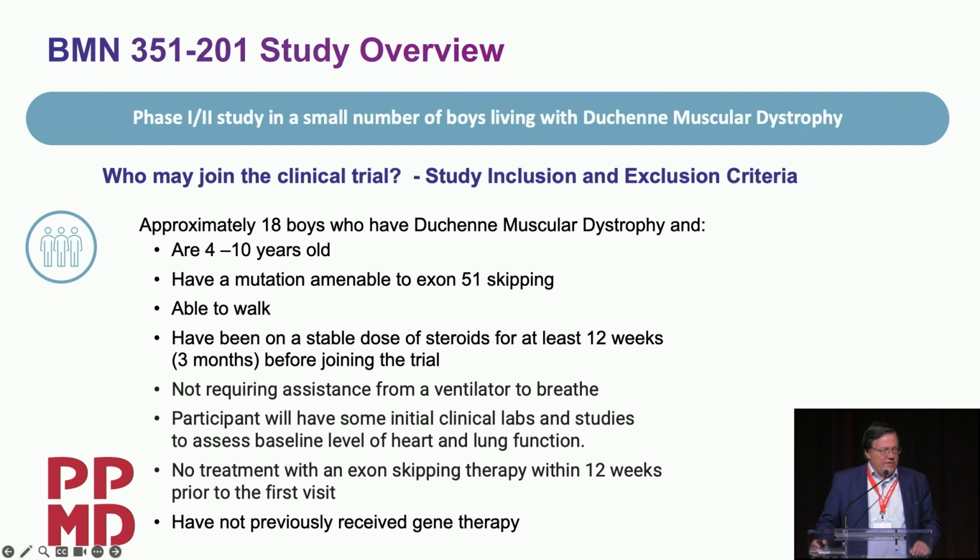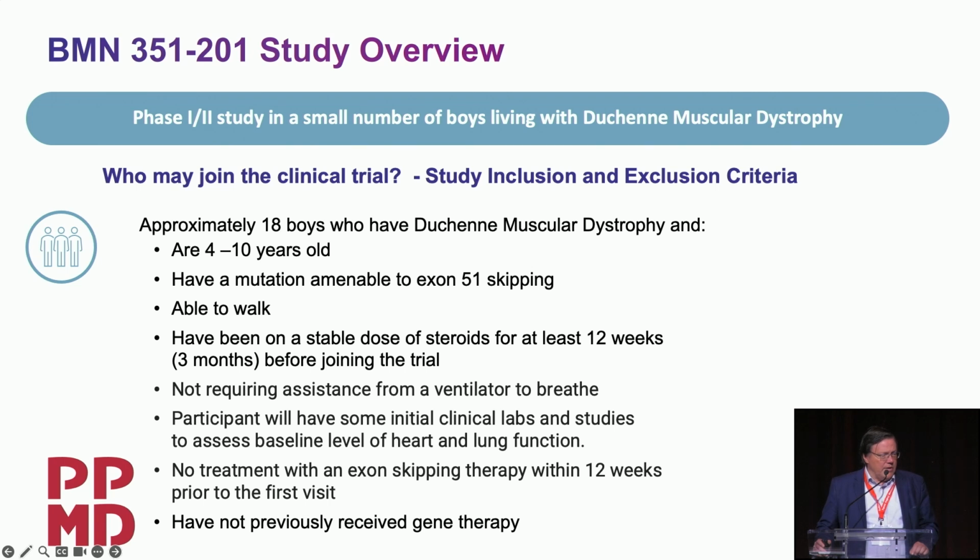So study 201 is underway. It'll be enrolling 18 boys who are 4 to 10 years old that have a mutation amenable to exon 51 skipping. Again, as with most of these studies, it requires stable dosing with steroids for 12 weeks before beginning the trial.